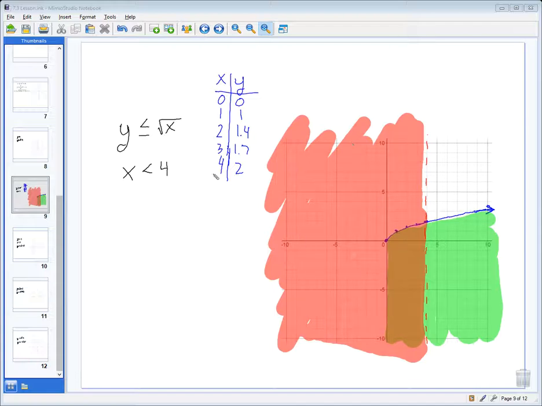This is all of the x is less than 4. And this stuff in the green is the y is less than or equal to the square root of x. Now, notice there is a section that is double shaded. This section here, which will continue down forever, right? The section that is shaded, this section here, is your solution area. Meaning that this is the only area that you really should be shaded.